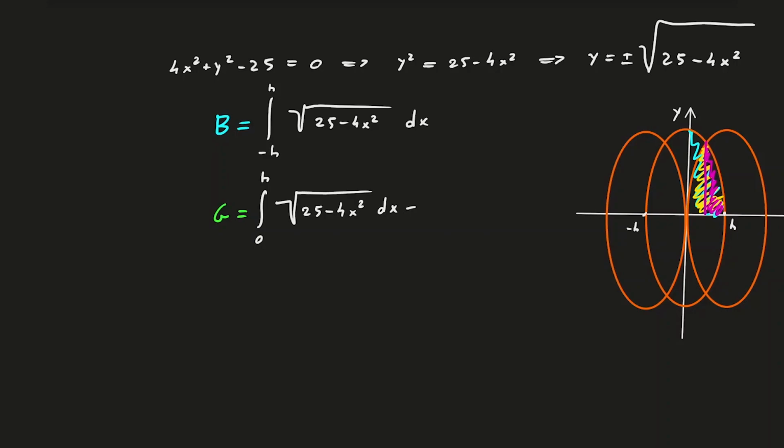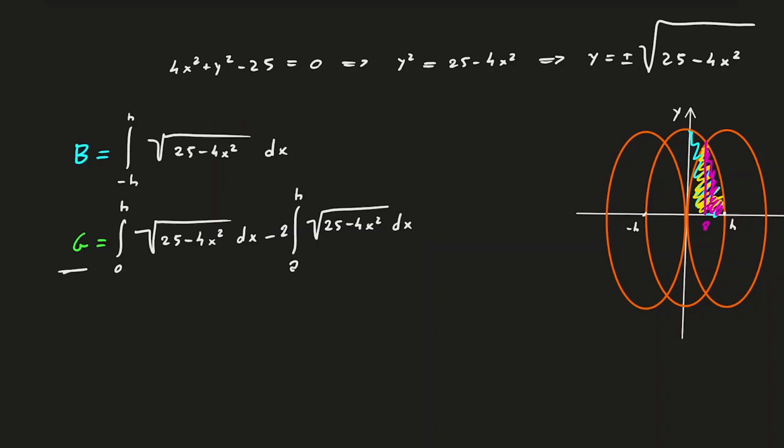That is the integral from this point, for example a, to h. So the integral from a to h multiplied by 2 of the square root of 25 minus 4x squared dx. Now we have a formula for the green area and a formula for the blue area. And let's do another thing to make things easier.